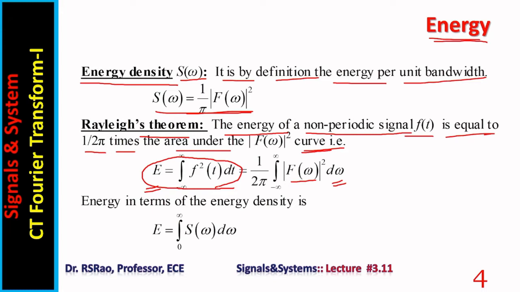With a little manipulation, one can show that it is equal to 1 by pi integral |F of omega| squared d omega. Of course, from this relation, energy can be expressed in terms of the energy density function as E equal to integral 0 to infinity S of omega d omega.